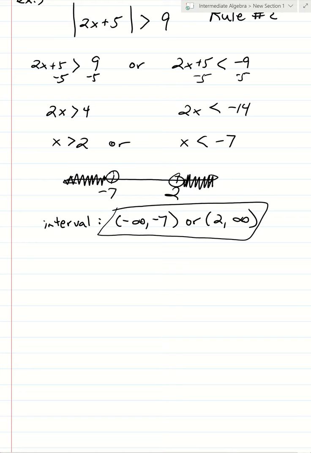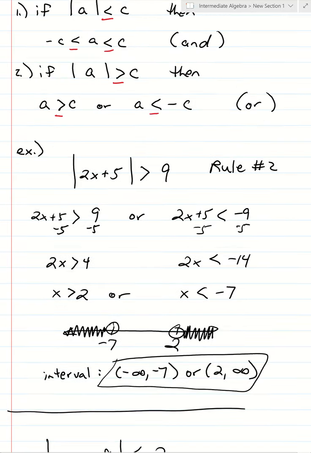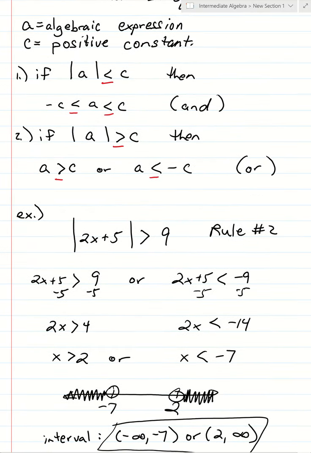Let's try another one. Let's say we have the absolute value of x minus 8 is less than or equal to, let's say, the number 2. Once again, we want to establish which rule we're going to have to use.